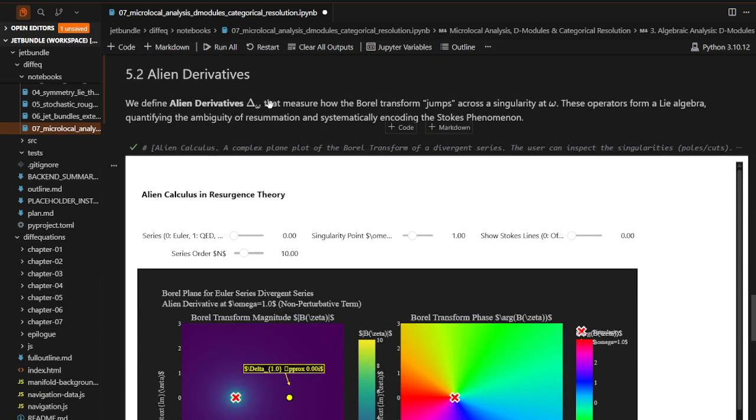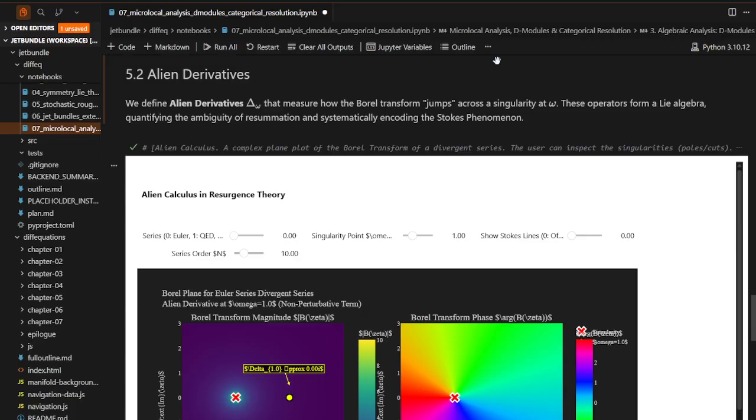And then we can define something called an alien derivative, or alien calculus. This allows us to measure jumps around singularities along Stokes lines. And we can then form a Lie algebra with this and quantify the Stokes phenomenon exactly.